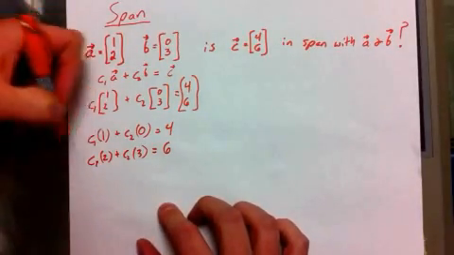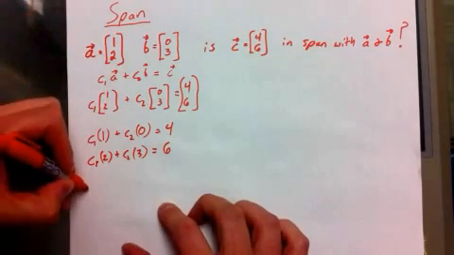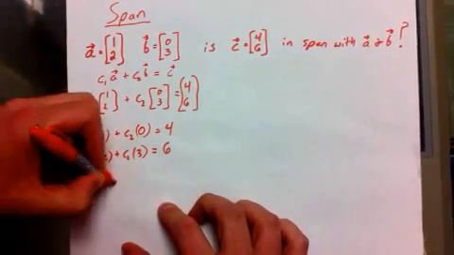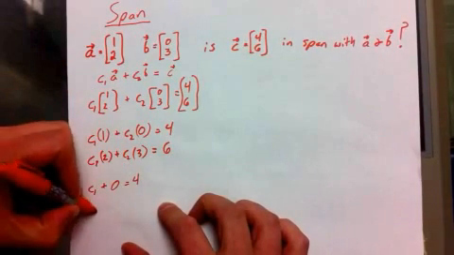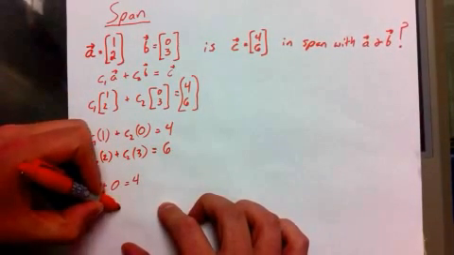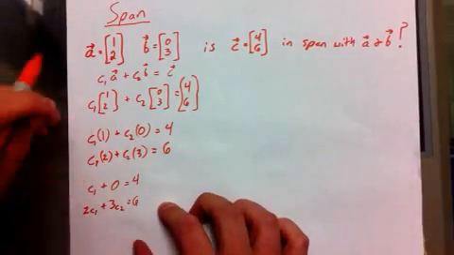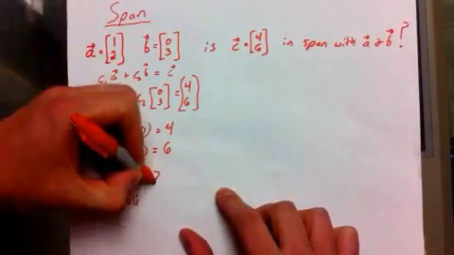So to solve this system, let's rewrite it. C1, because we have 1 C1 plus 0, so we don't have anything there, is equal to 4, and 2 C1 plus 3 C2 is equal to 6. With this, we have a system, and we can solve it.